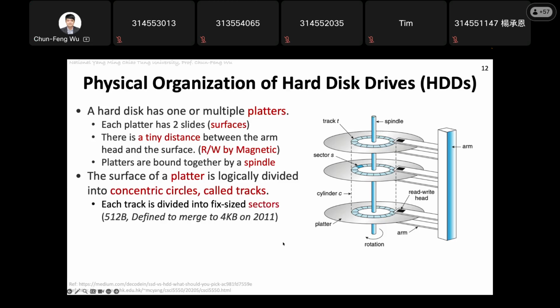Each track is divided into fixed-size sectors. A chunk of the track here is called a sector. Each sector is usually 512 bytes, and after 2011 you can also set your sector size to 4 kilobytes, depending on the hard disk drive manufacturer.